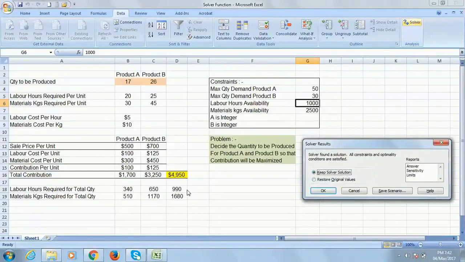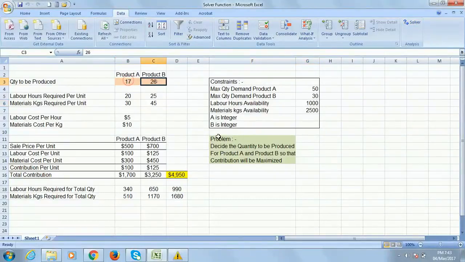Now my labor hours are less than my available labor hours, and my materials kilograms used are also within my limit. If I click on keep Solver solution, in this way it will be saved.